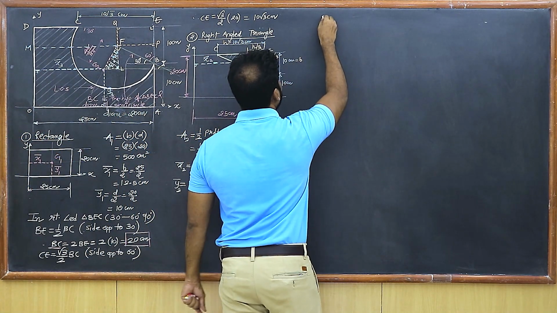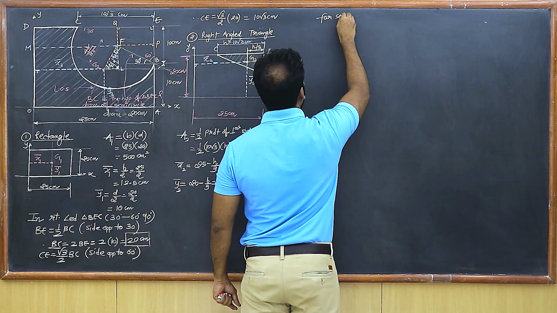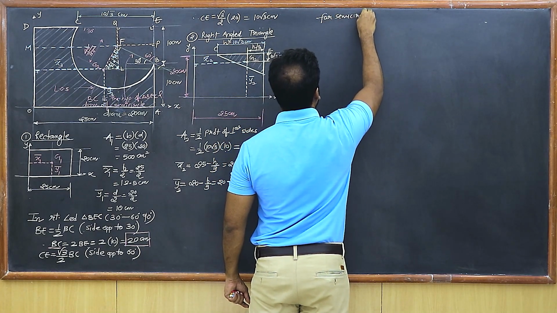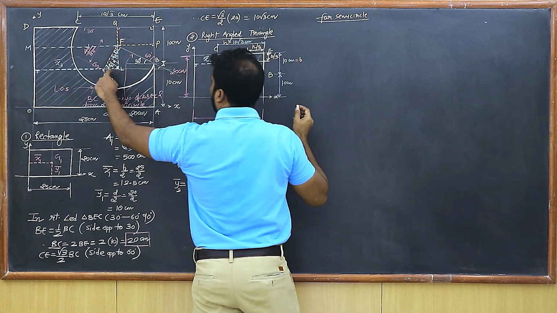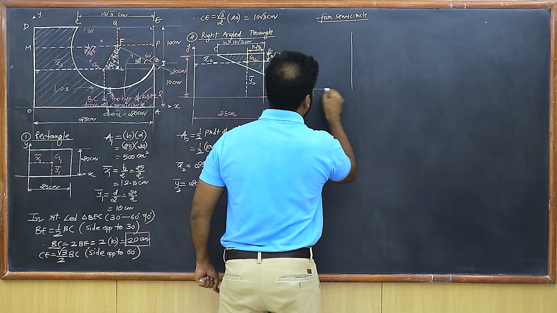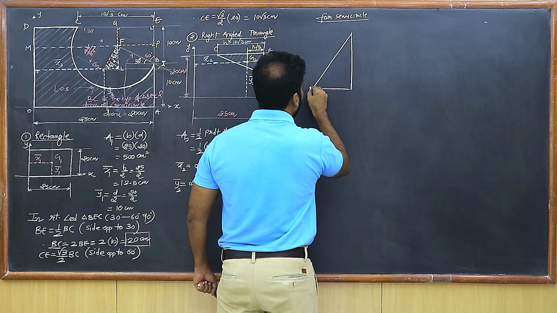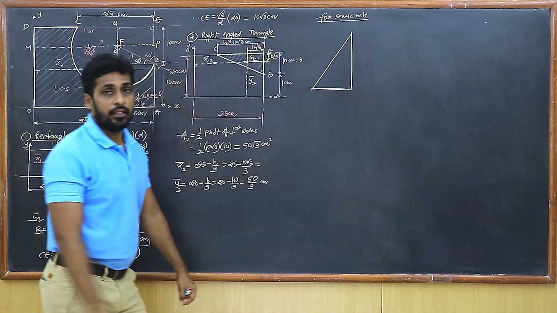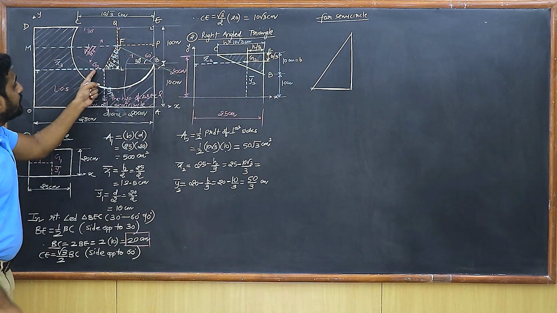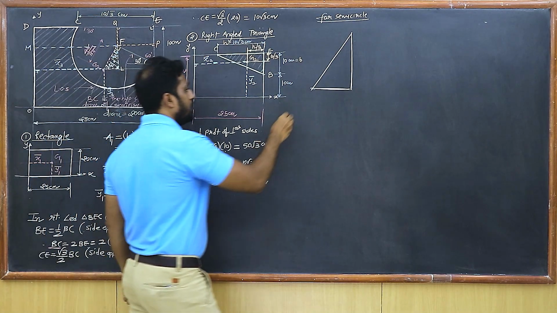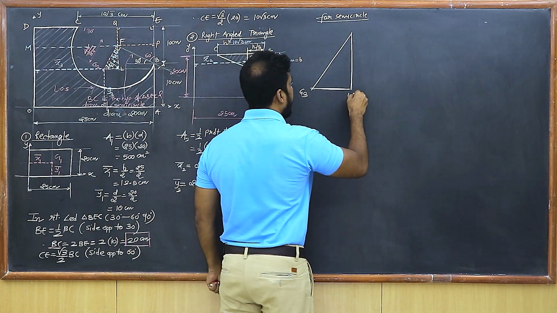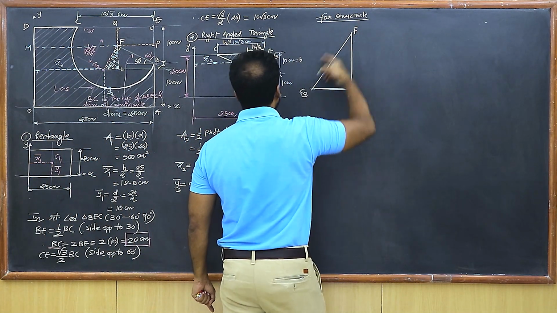For the semicircle, I'm going to focus my attention on this triangle first of all. So let's draw a right angle triangle, and it is not just a right angle triangle, it is a 30, 60, 90 triangle. The vertices are G3, L and F. What is FG3?